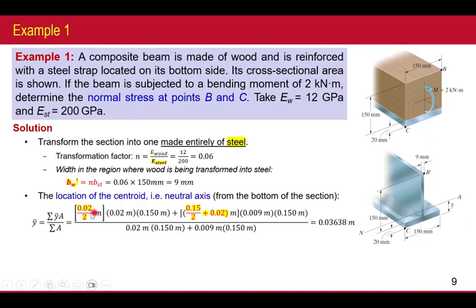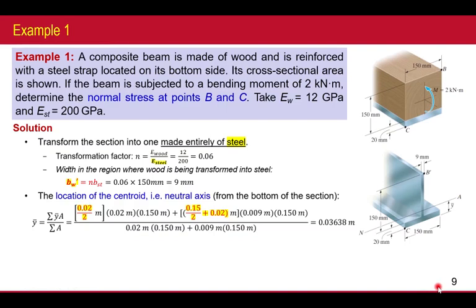I'll put a text here, highlighted. For the bottom one, the centroid is at half the height, so 0.02 divided by 2, times the area, plus this one, half of 150, but still plus 20. Here, 0.15 over 2 plus 0.02, the area is the same. That's why we get 0.03638 meters from the bottom.